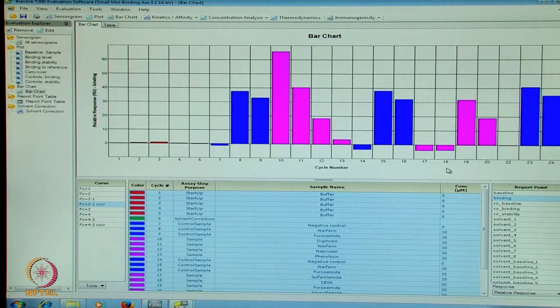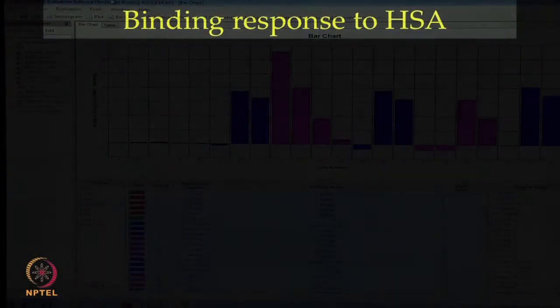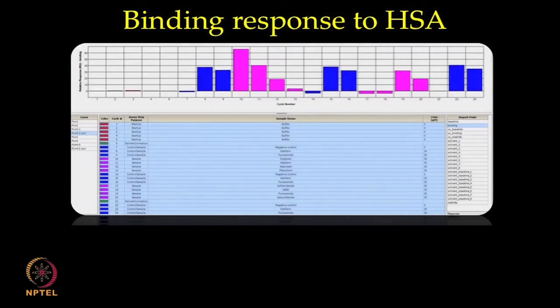This will end the session on solvent correction and binding of small molecules to two ligands immobilized on the surface. Different drug molecules bound to human serum albumin with different binding responses based on their respective affinities.